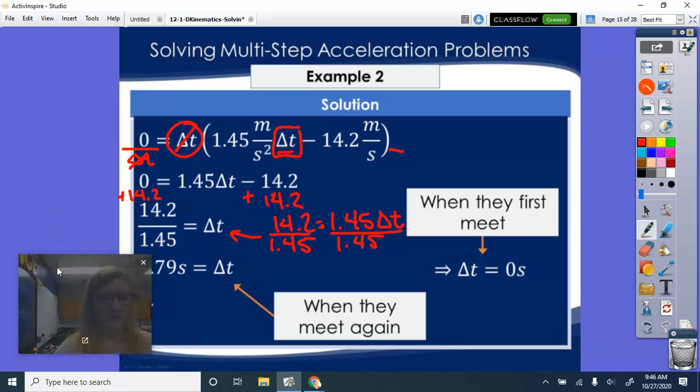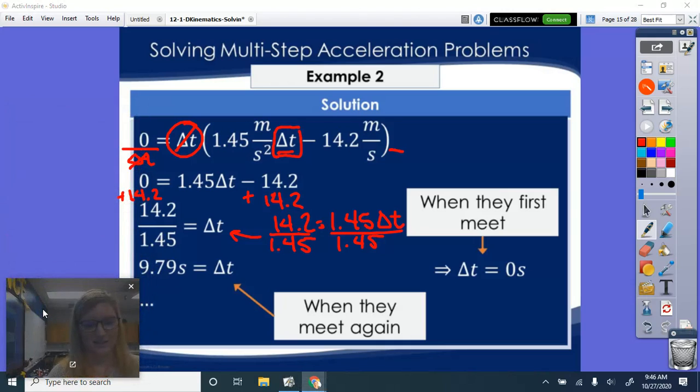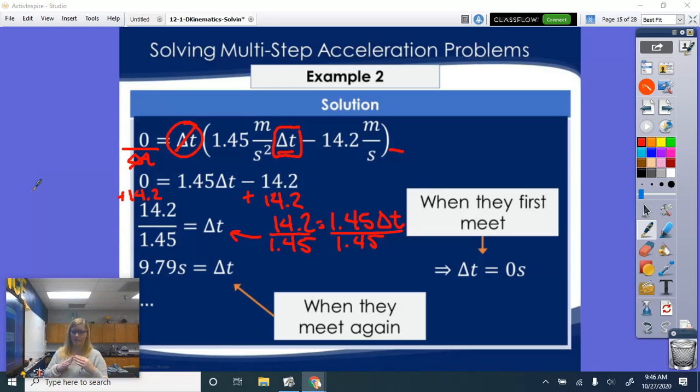Then when you calculate it out, they get 9.79 seconds, delta t. And so they're going to meet again after 9.79 seconds. So they first met at 0 seconds, which is kind of what we saw over here. That's where that cancels out: we had one time where they met then, and then our second time is almost 10 seconds later.